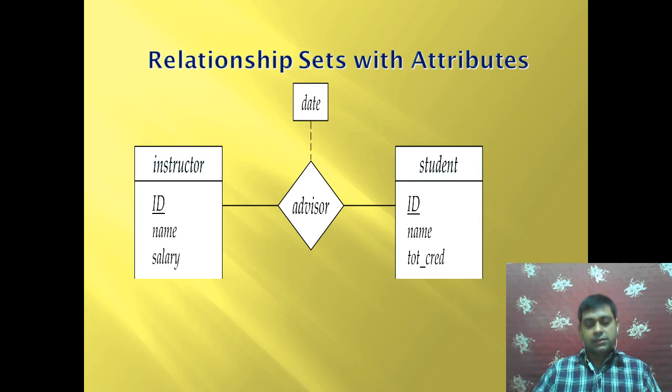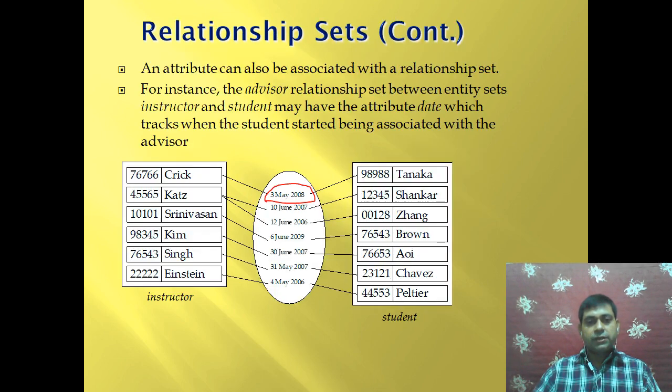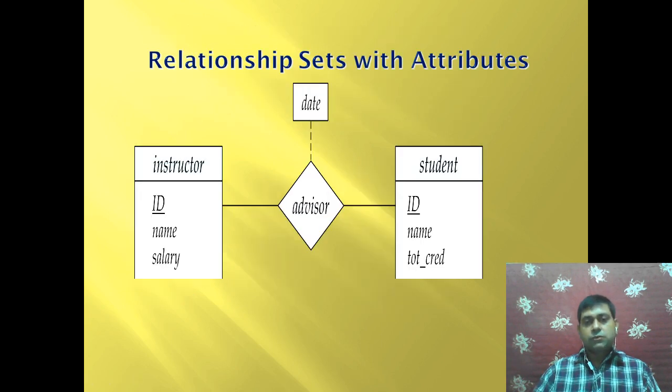In the last example we showed that this instructor Crick is connected or associated with this student Tanaka on 3rd May 2008, let's say. So this is the date of association, and this is the student and this is the instructor. So the instructor is the advisor who is associated on this particular date. So this date becomes the attribute of this relationship set.